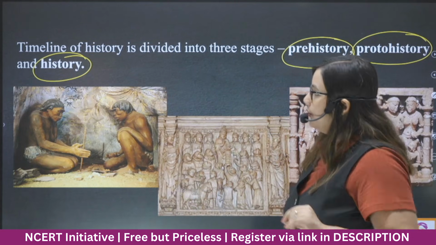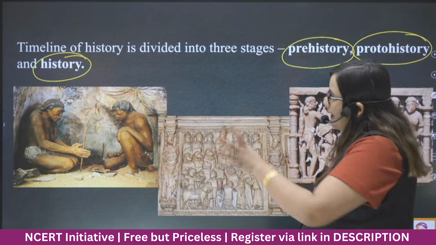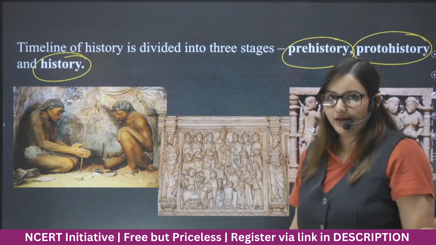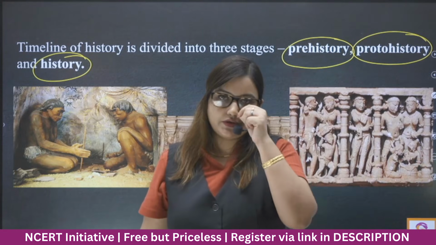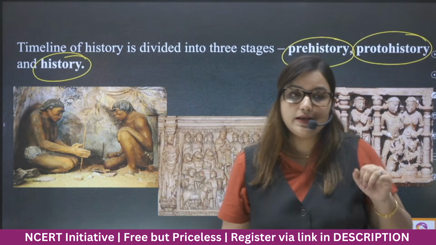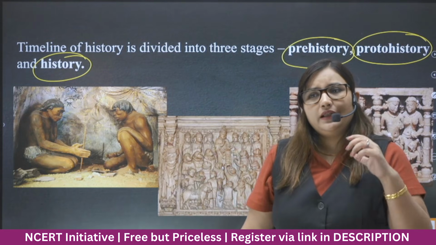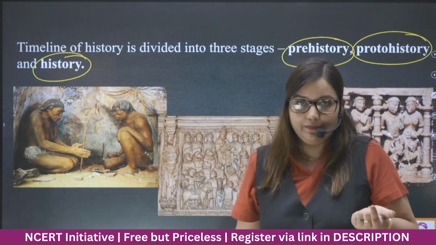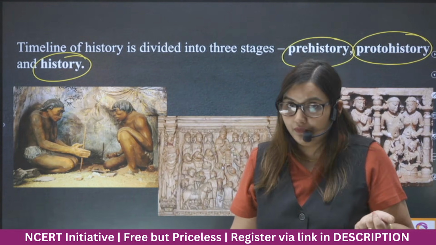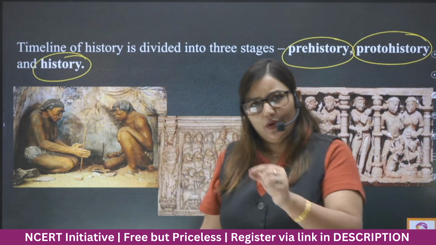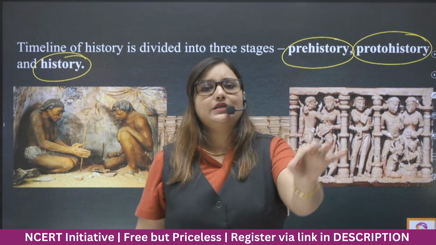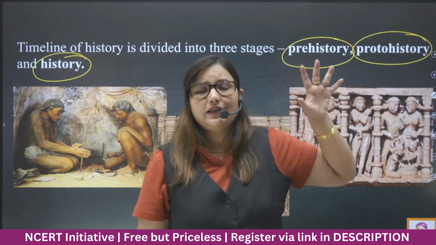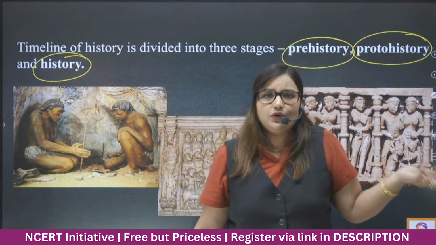One more important point is that the timeline is fine, and we have divided it into 3 stages just because of their written records and other things. But the problem is, how do you decide it? How do you make a timeline? And when you need to know about the history of a certain place or people, how do you get to know it?